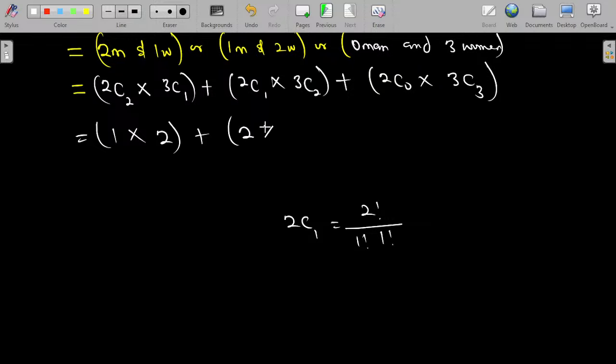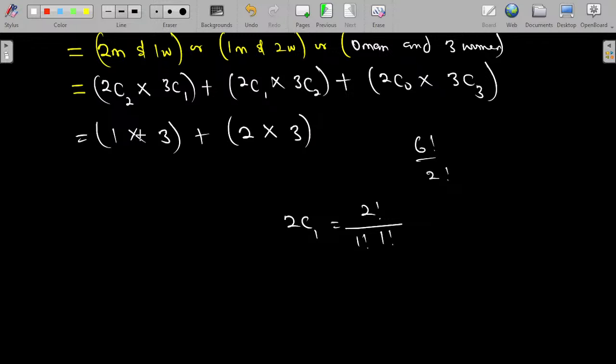Then times, sorry, did we get 2 here or 3? I thought it was 3. We got 6 factorial all over 2 factorial, which is 3, not 2. Sorry. Okay, so this was 3. Okay, and then 3 combination 2 will also be equal to 3.